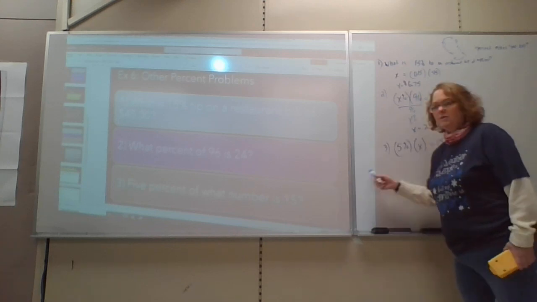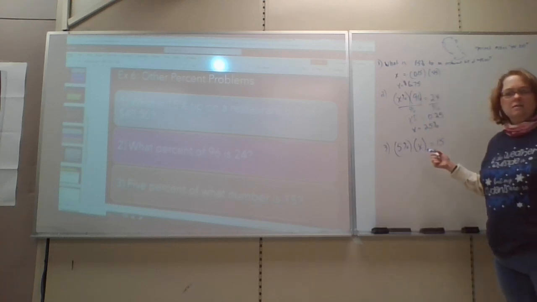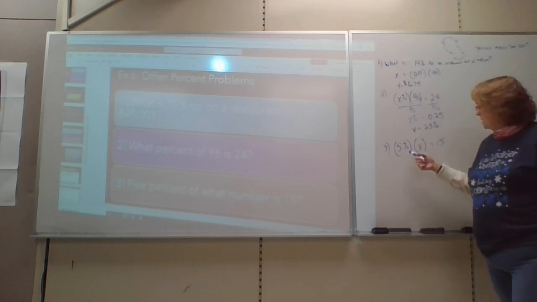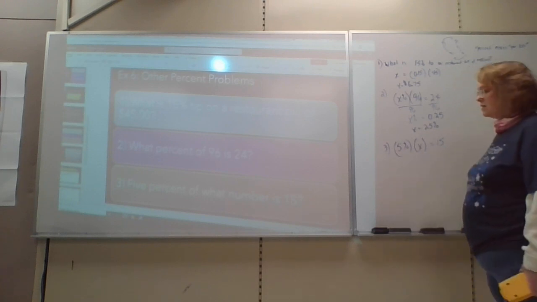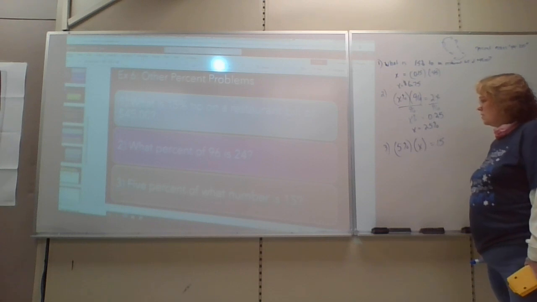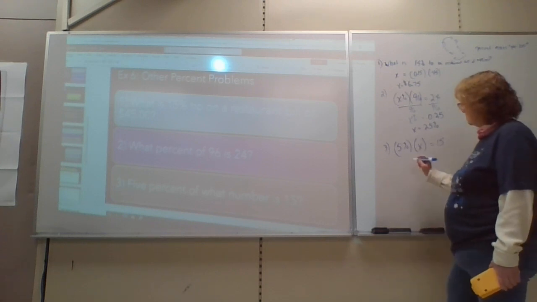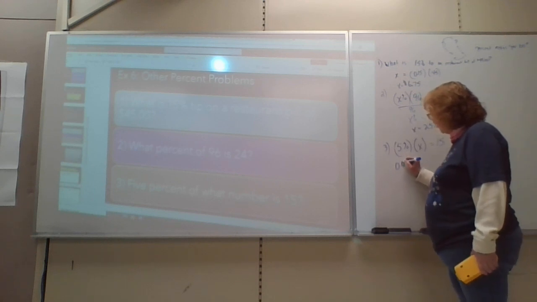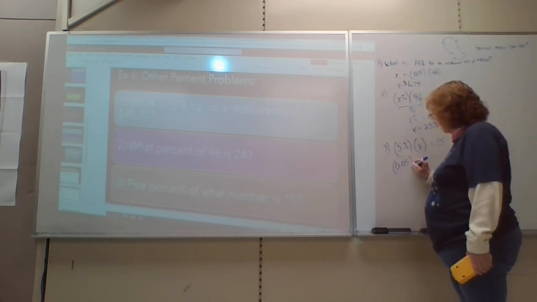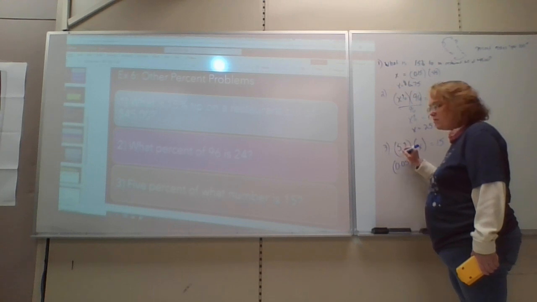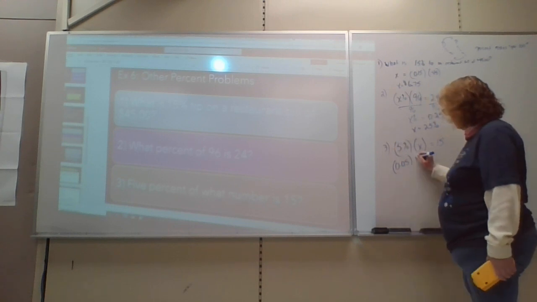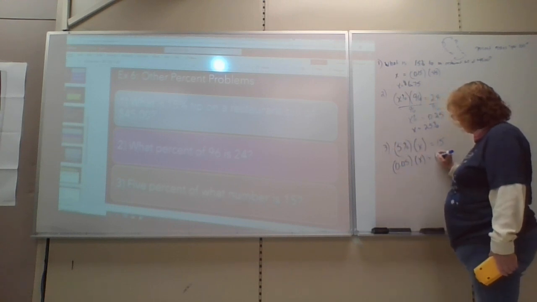You see how I got from this to this? Let's change this to a decimal. What would 5% be as a decimal? It would be 0.05, right? Because remember, there's your decimal, move it over 2 places. 0.05 times X equals 15.